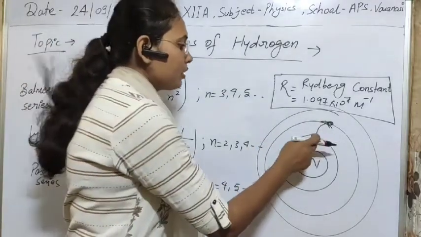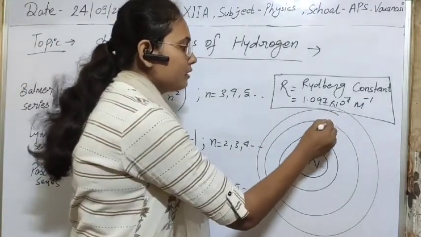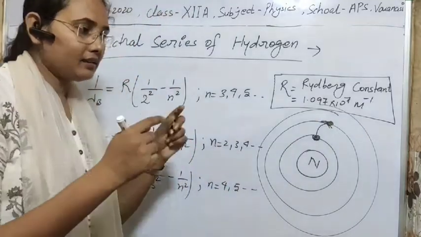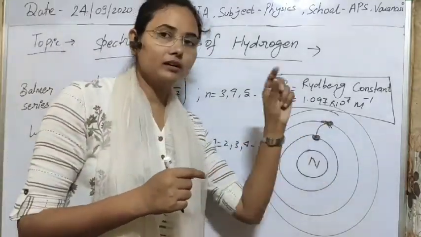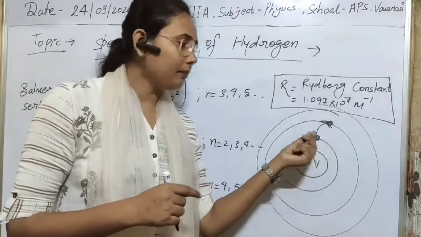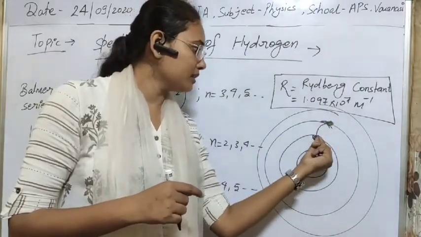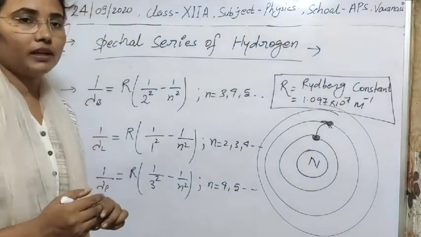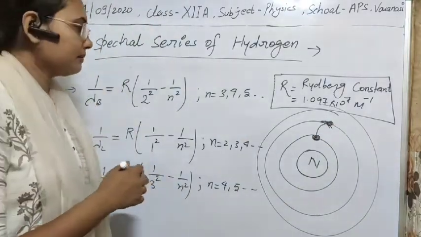Due to this absorption of energy, suppose the electron moves from here. We can also consider the wavelength of the energy absorbed by this electron to make the transition from a lower to a higher orbit, and according to that we can obtain the spectral series.